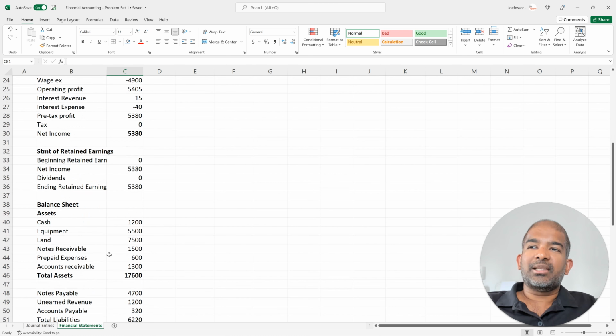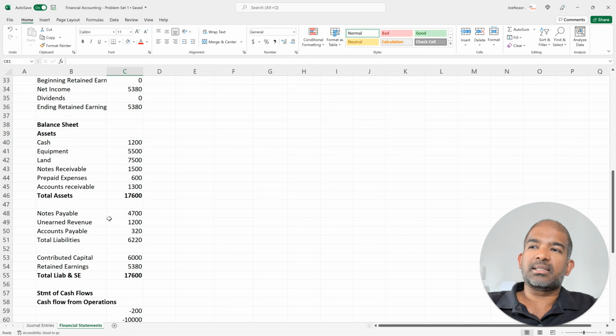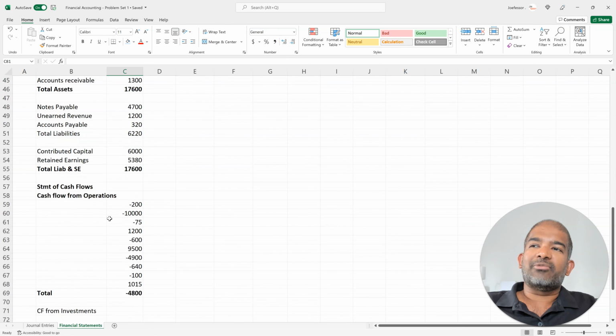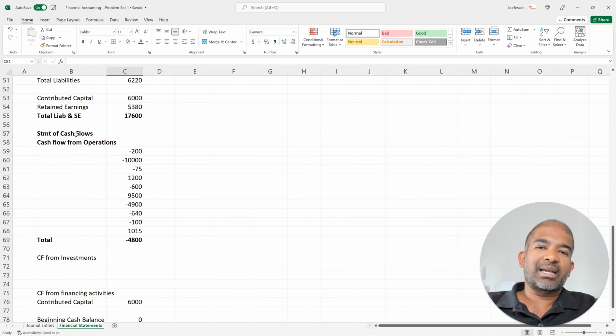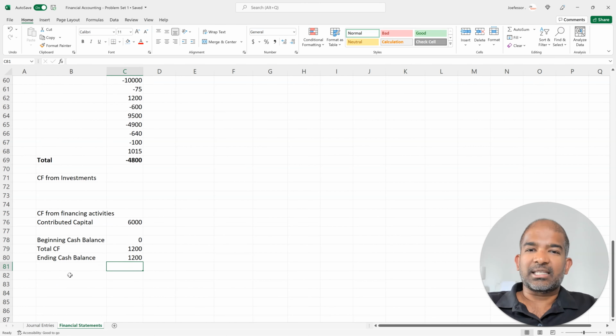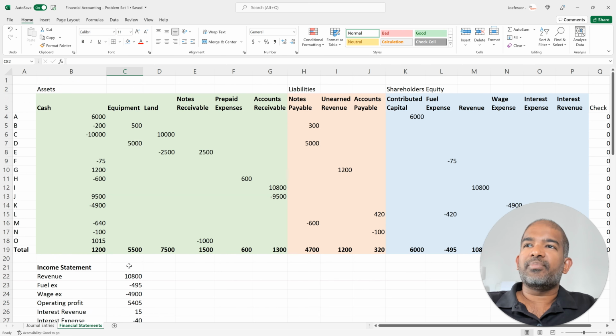Then you can create your balance sheet to show your assets, liabilities, and stockholders' equity. And finally, we create our statement of cash flows in three different categories: cash flow from operations, investment activities, and financing activities. Finally, we can show the ending cash balance. You can see that this cash balance matches the cash flow we calculated here.